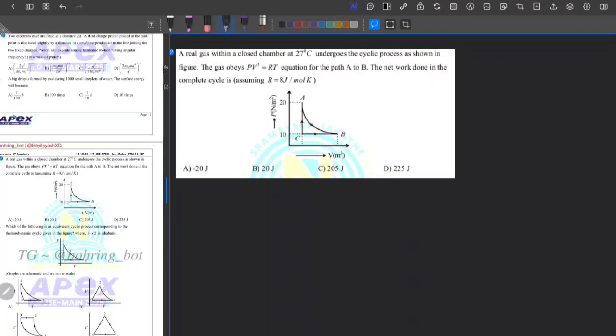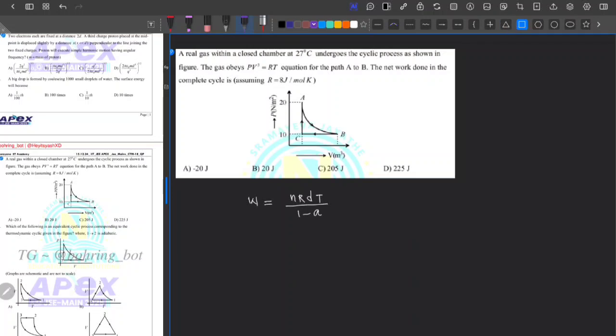So the work done here, basically PV cube is equal to constant. You might think it is a polytropic process, and you can write the work done as nR delta T by 1 minus a, if you think it is a polytropic process, right? You can do like this.